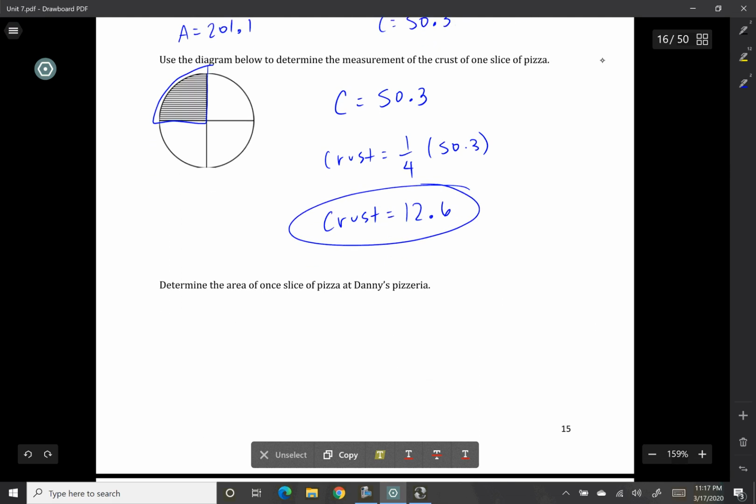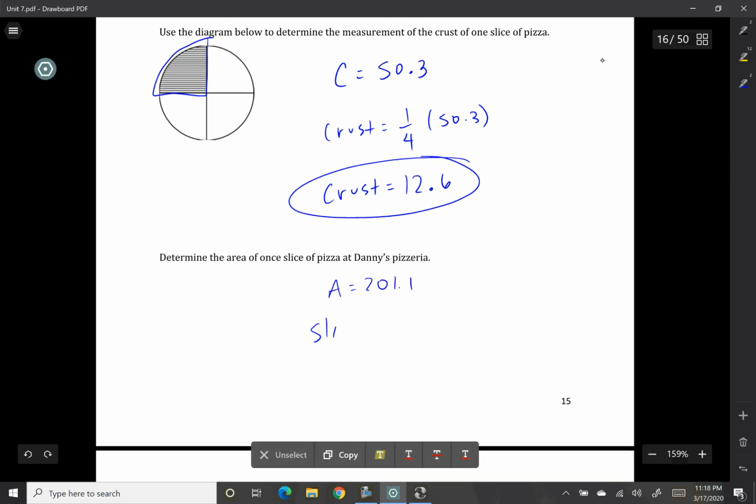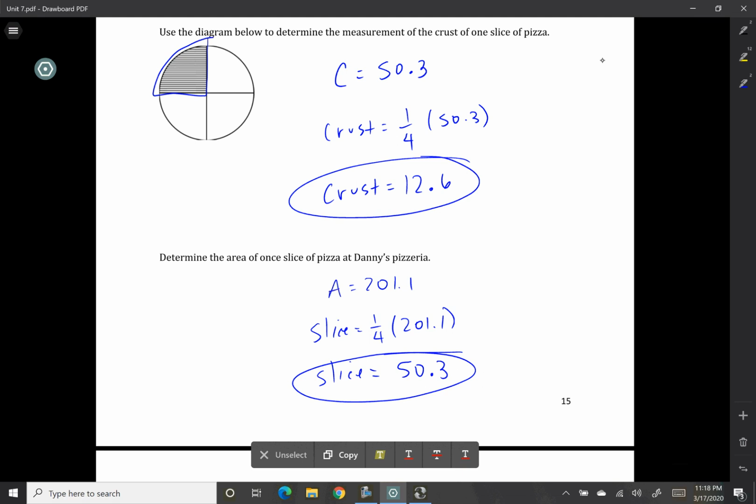The area of the total pizza pie was 201.1, but again, the slice is 1/4 of that. So one slice has an area of 50.3.